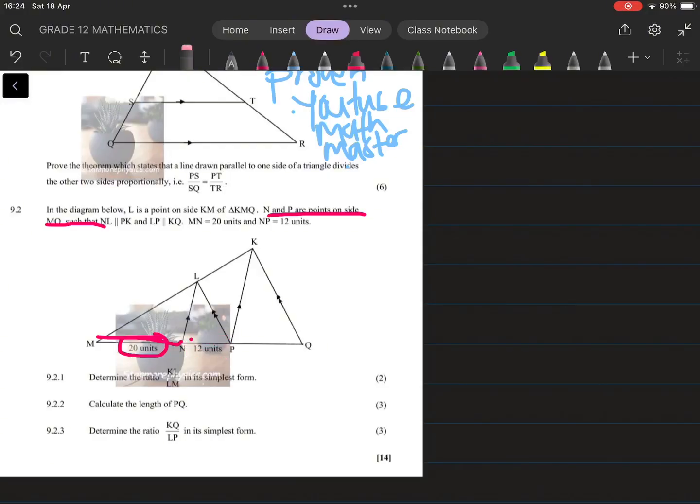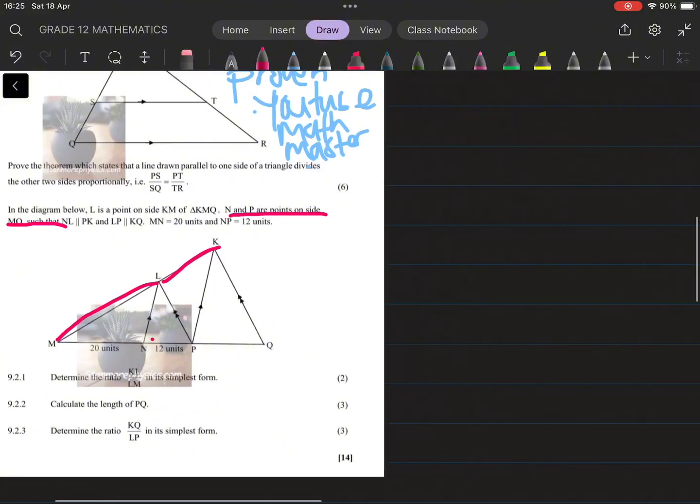Now, looking at question 9.2.1, they say determine the ratio of KL over LM, not the length, in the simplest form.